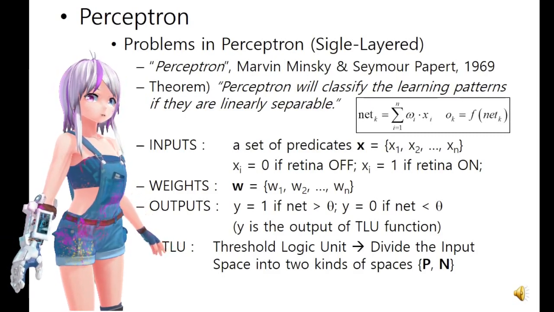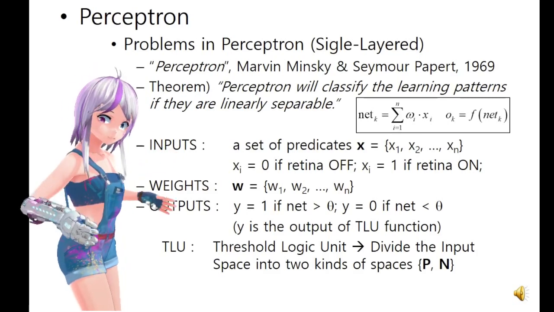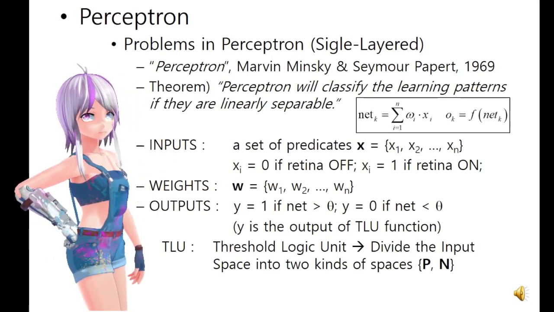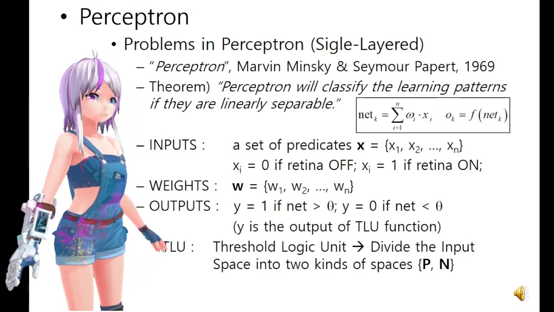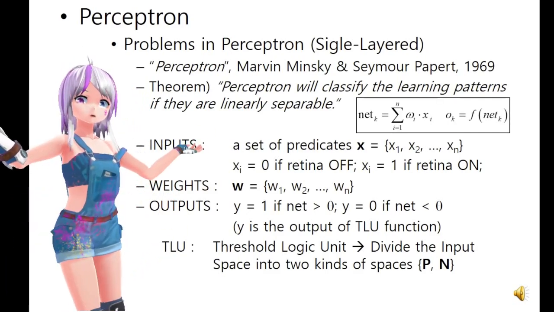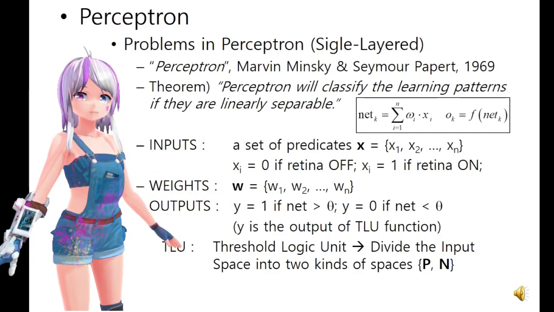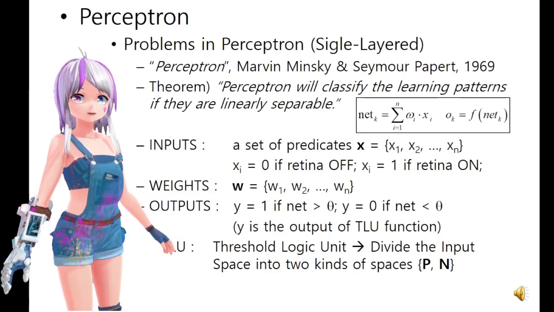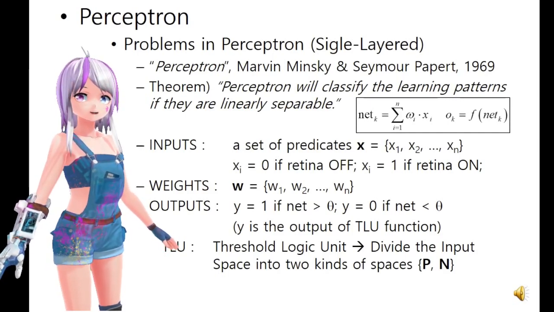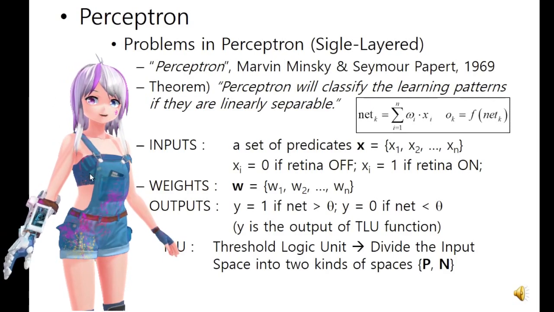We have n training elements, and this is just one training vector, capital X. x_i is 0 if the retina is off, and x_i is 1 if the retina is on.